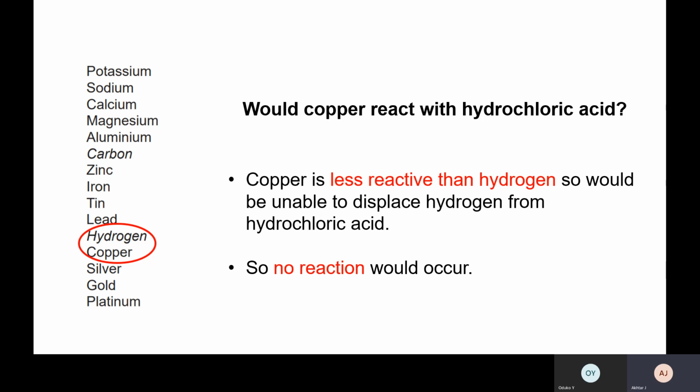Okay, excellent. In the next few lessons we'll be looking at the reactions of acids with bases. We've just looked at acids reacting with metals to make a salt. We're then going to look at the reactions of acids with bases.